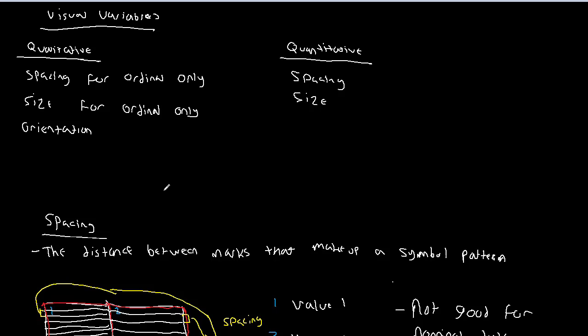In this lecture video, I want to talk about our fourth visual variable by talking about the idea of shape. So similar to size, I think shape is probably one of the more straightforward visual variables.